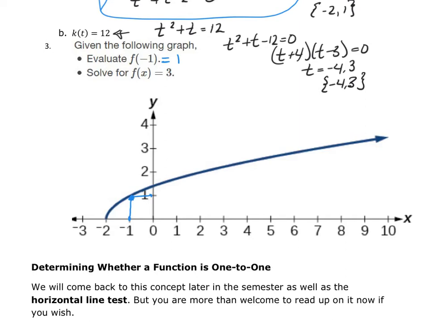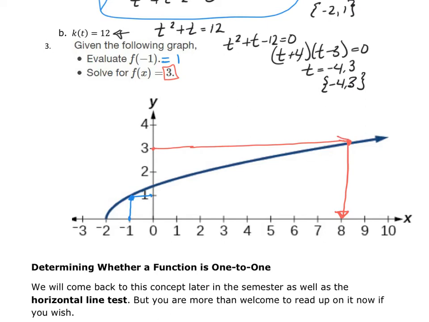On my second part here, they're giving me the y value. So I go to the y value right here, and then I'm going to go across until I hit my graph. And then once I hit my graph, I come straight down.